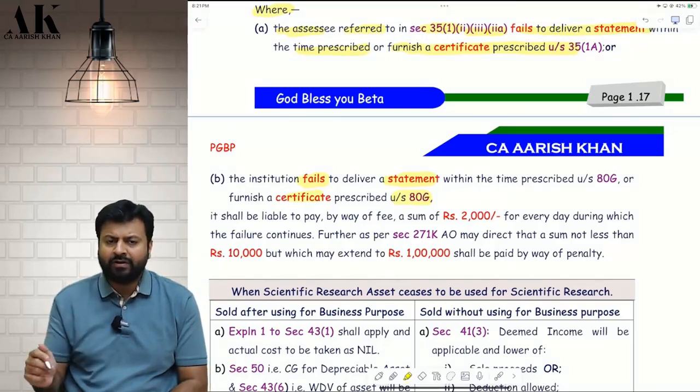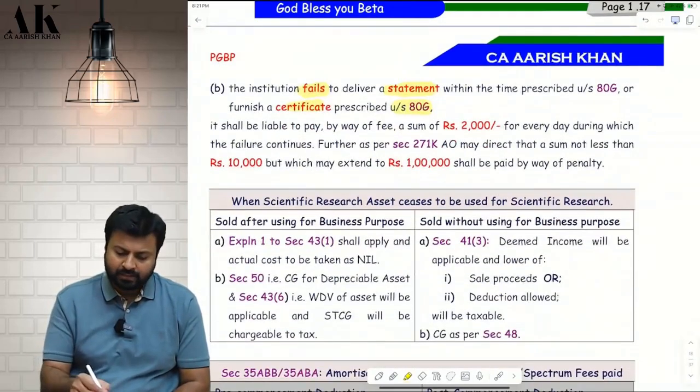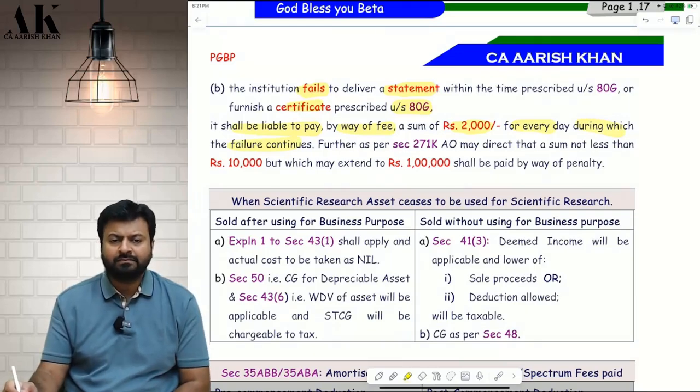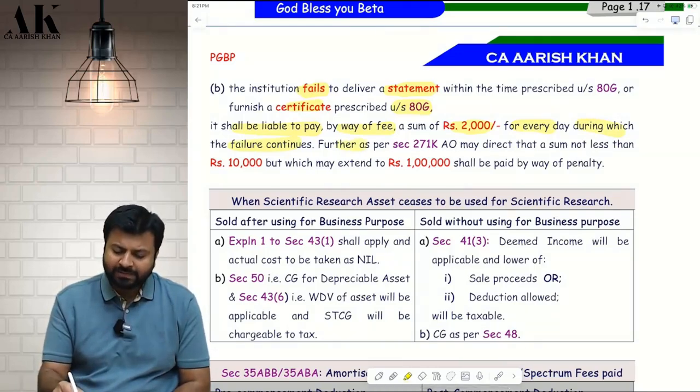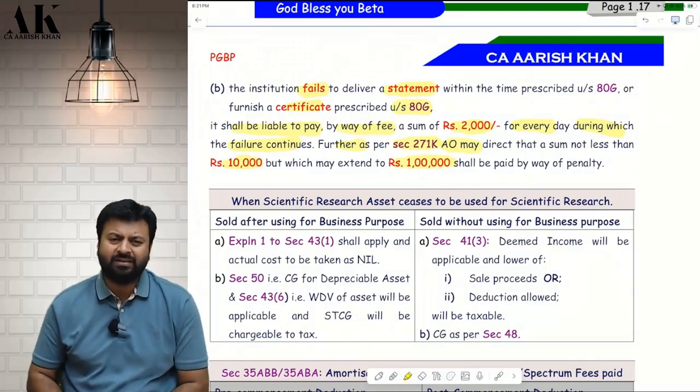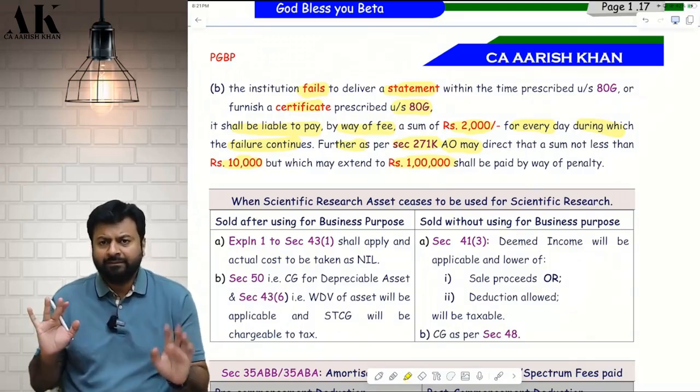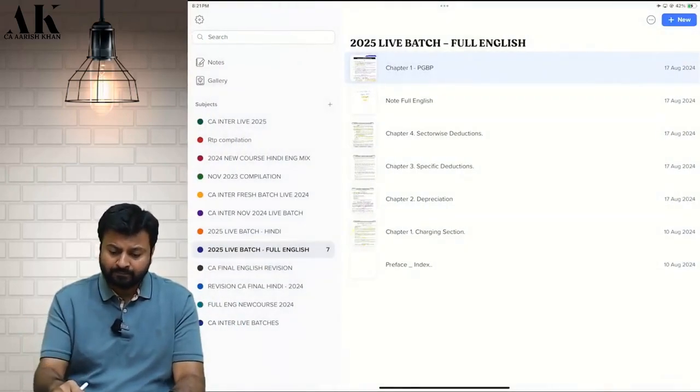ATG people are also covered here. Then it shall be liable to pay by way of a fee 2,000 rupees for every day during which the failure continues. Are you clear? And further, as per section 271K, the AO will impose a penalty from 10,000 to 1 lakh rupees. Is everyone clear with this? 100% clear, sir.